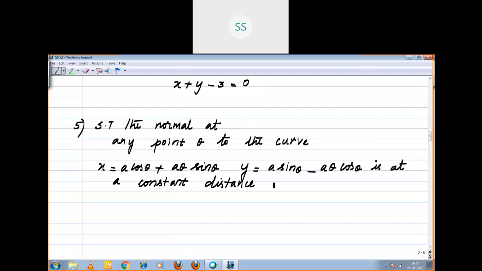You want to show this, right? The value you should arrive at is only the constant at the end, the distance from the origin. Right, children?